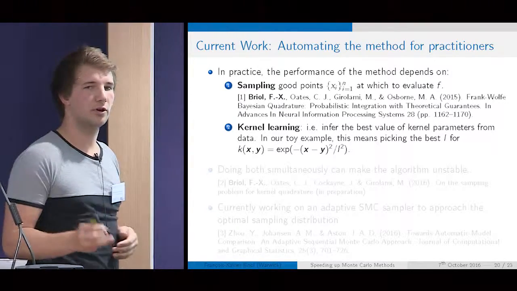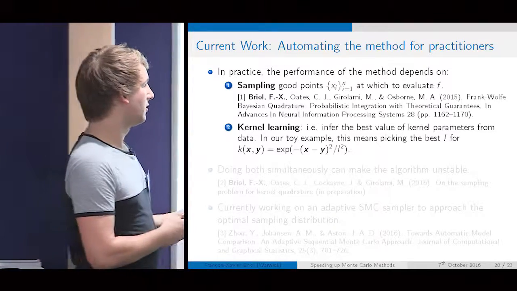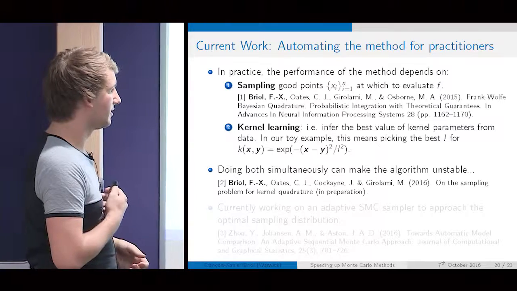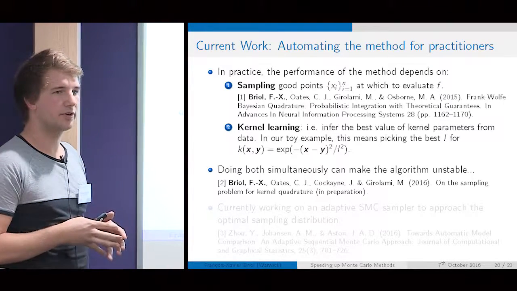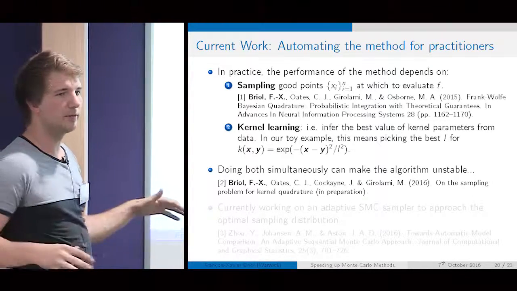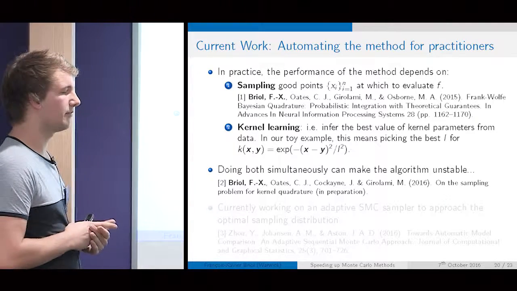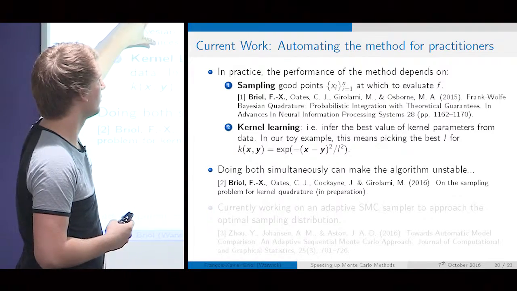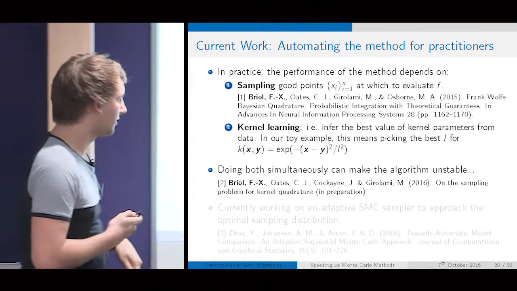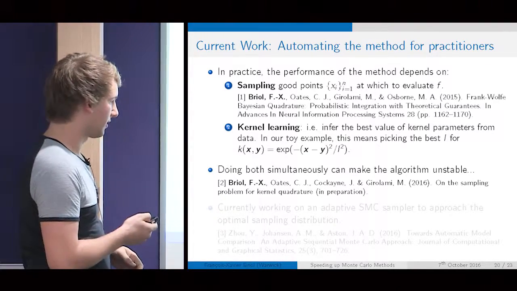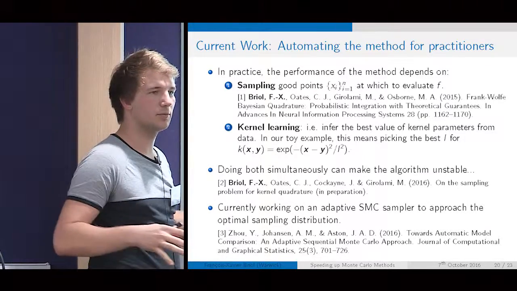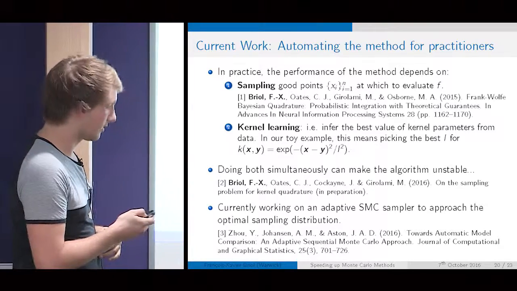One thing you could do is put a hyperprior on them, but doing both simultaneously can be quite unstable and can actually result in really bad performance. So you really want something that somehow separates the way you sample the points and the kernel learning. And this is something that I'm currently working on, building an adaptive SMC sampler to somehow target an optimal sampling distribution.